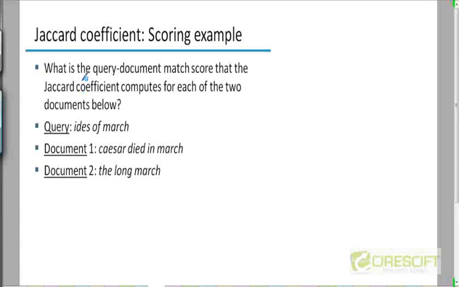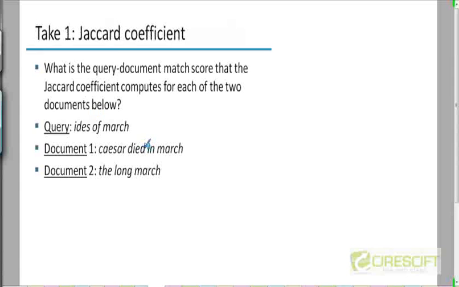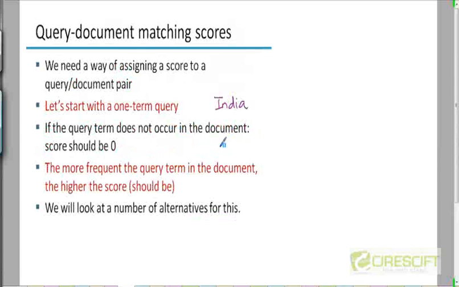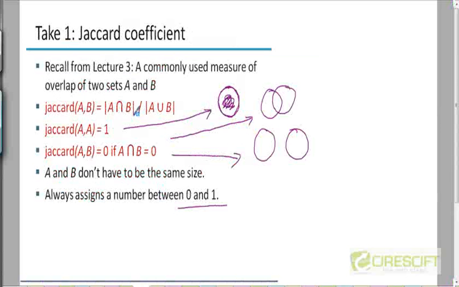Actually, let's look at the simple query example we saw of India. If a document contains the word India, then the intersection... So what is the set A and what is the set B here?